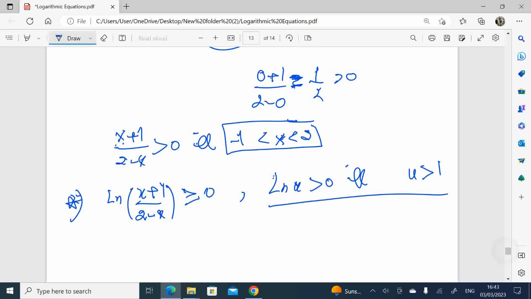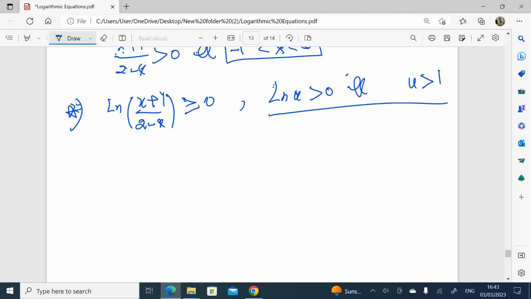So this is our u here. ln u is greater than 0 if and only if u is greater than 1. It means I need (x+1)/(2−x) to be greater than 1.